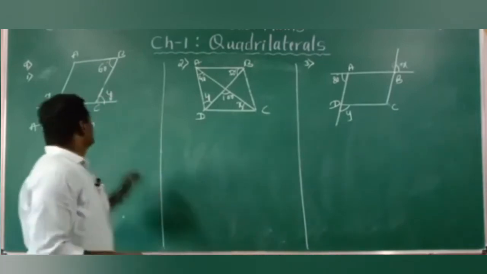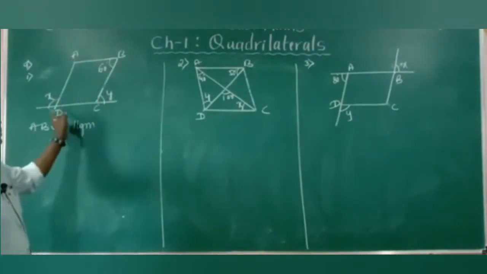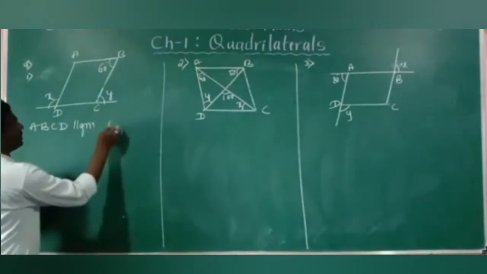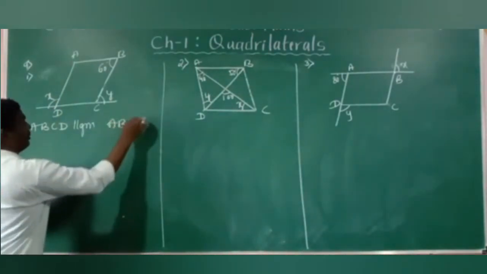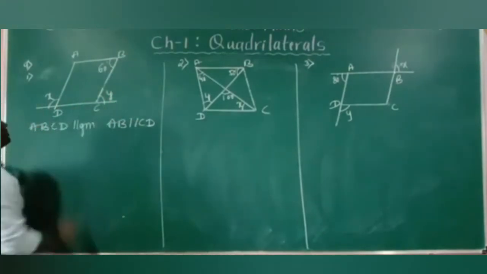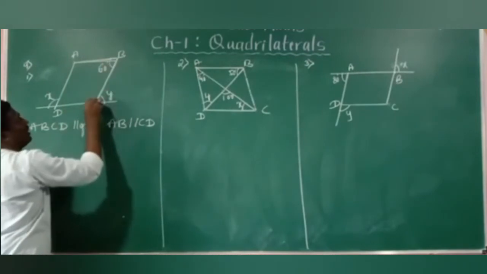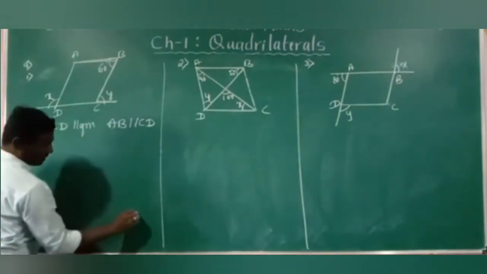So ABCD is a parallelogram, in that AB is parallel to CD. The side AB is parallel to CD means here it will form an alternate angle. How can you identify the alternate angles?